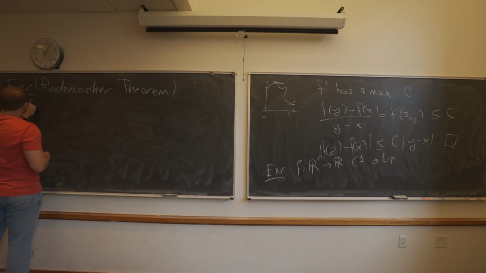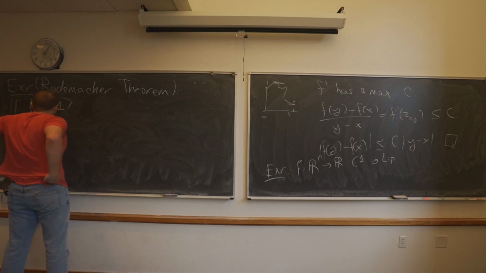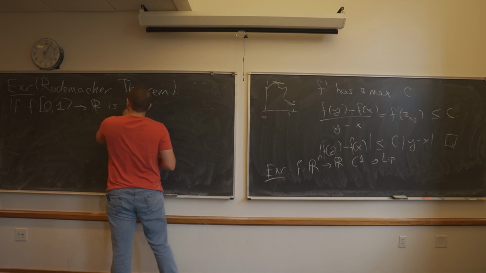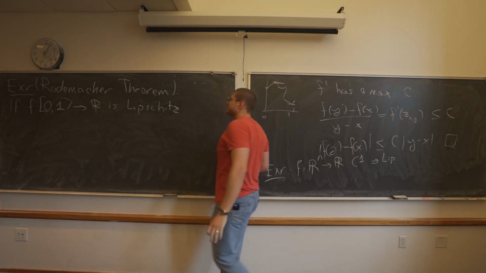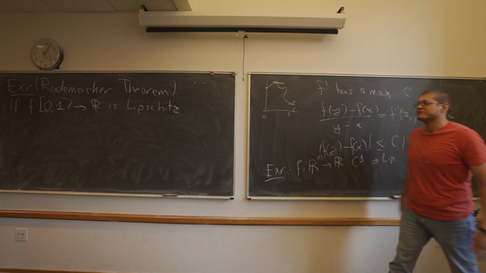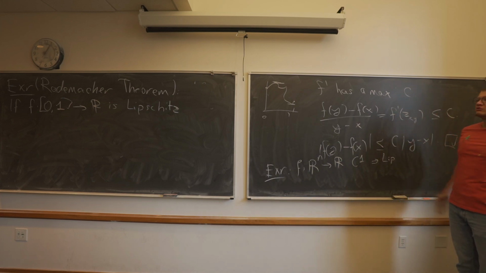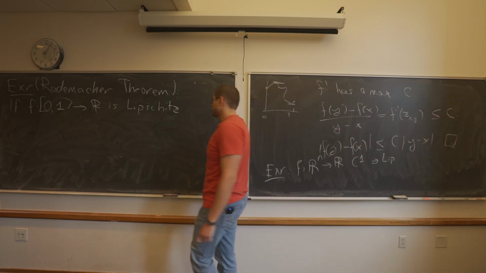If f from 0 to 1 to R is Lipschitz, then I would like to say that it is continuously differentiable, so that it's a true inverse or true converse to this proposition that we discussed. It turns out that that is not true, but the next best thing is true.